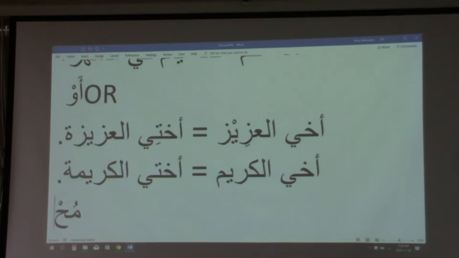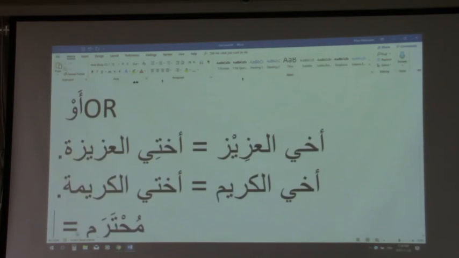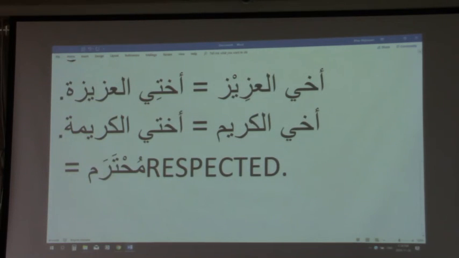Muhtaram means respected, most respected. Then Aziz. Muhtarama. خلاص.